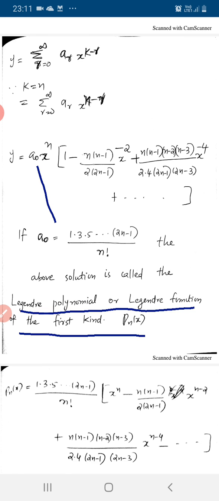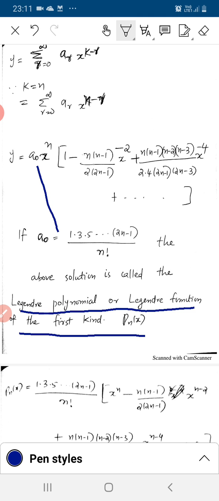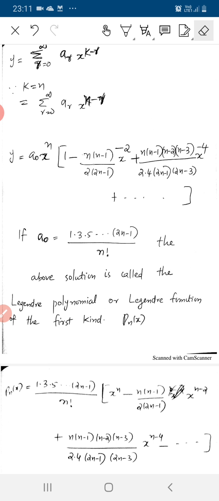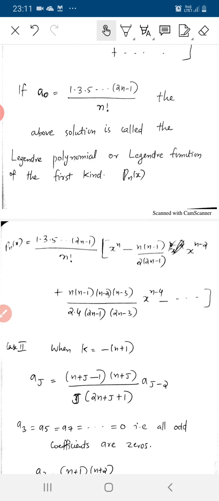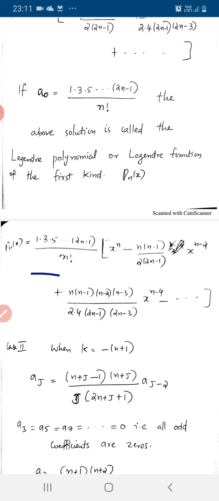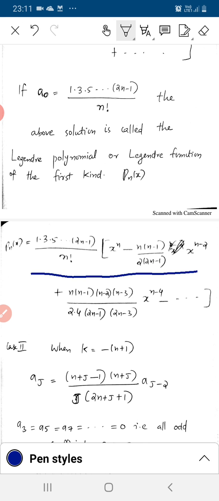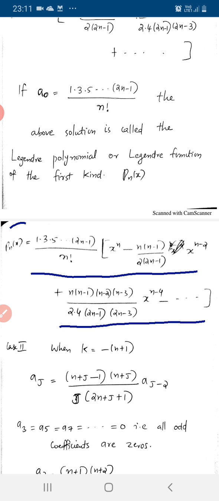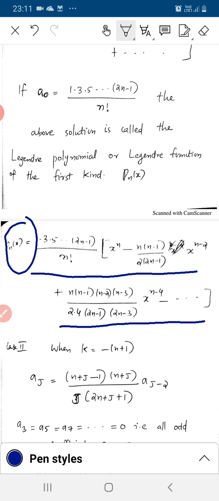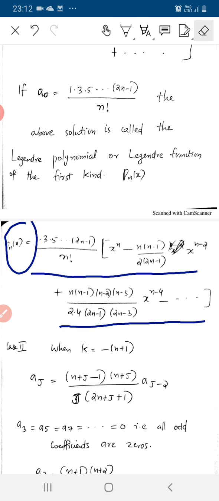So if a0 is this, then this series is the Legendre function of the first kind, Pn of x.